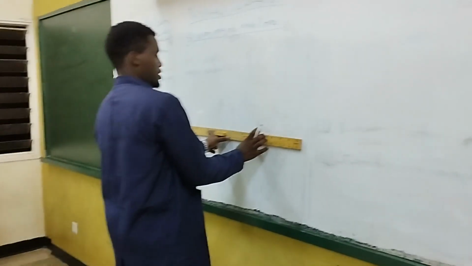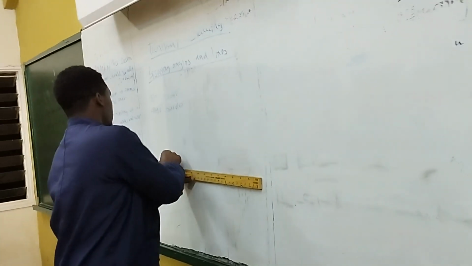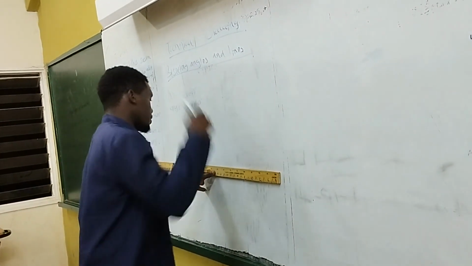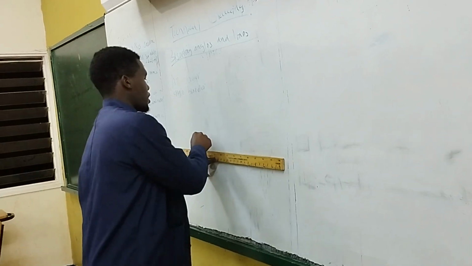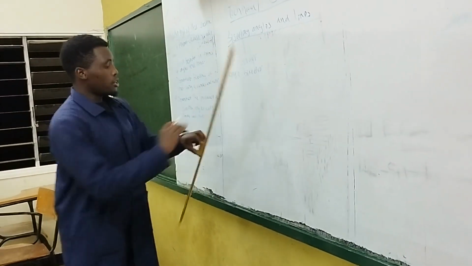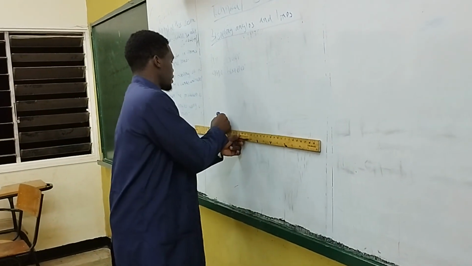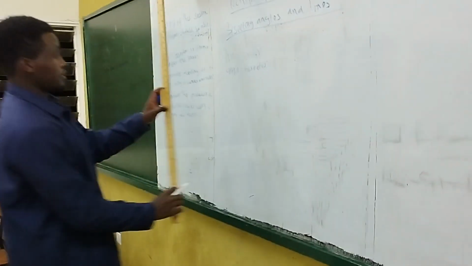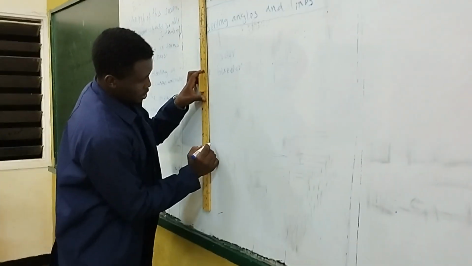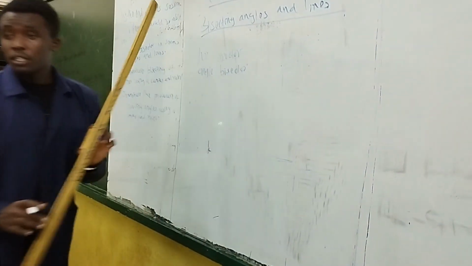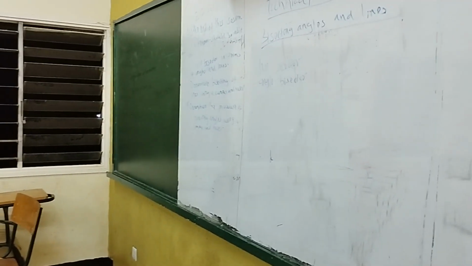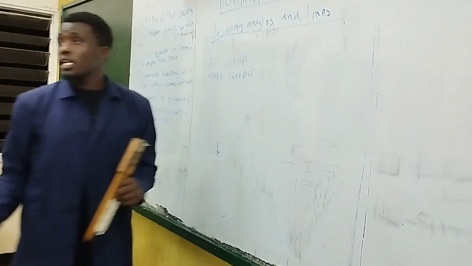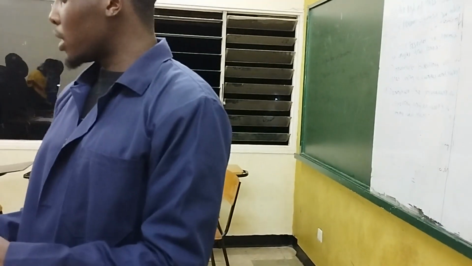Draw any straight, horizontal line. I have a starting point A. From A, I want a length of 10 centimeters, which is 100 millimeters.